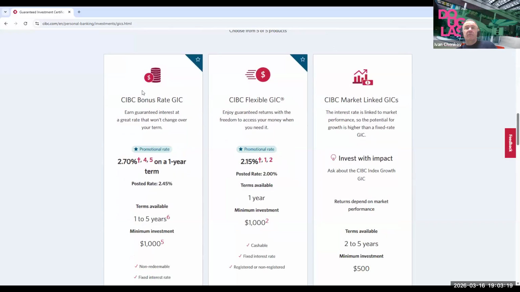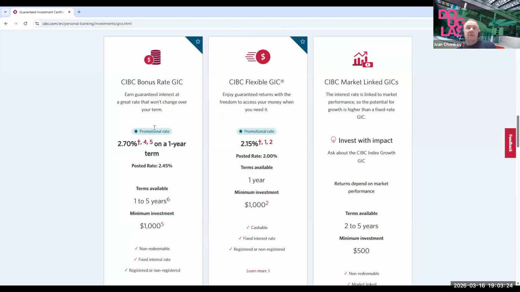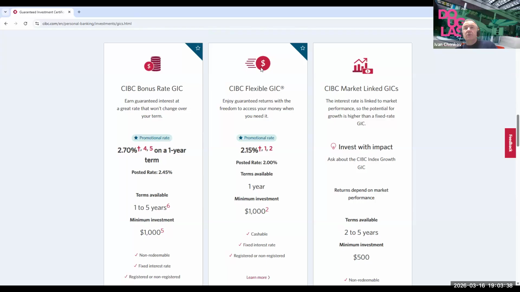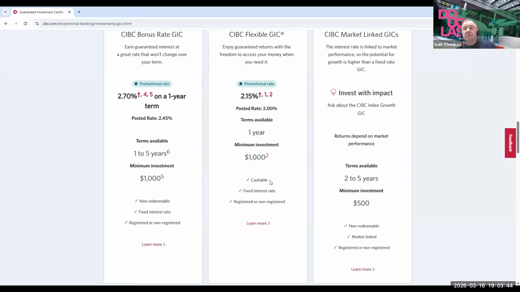If you go with the fixed, this one is for a 1 year term. So if you put your money in, that money is locked for 1 year. If it's locked for the 1 year, that's considered a short-term investment. But if, for example, you're going for the flexible, you're still getting the interest, but this one is cashable. What does cashable mean?